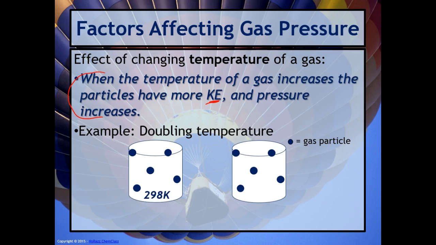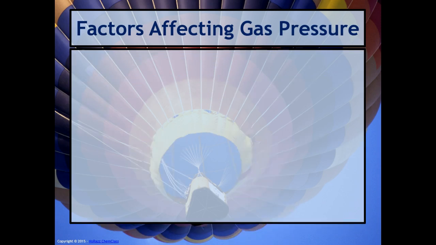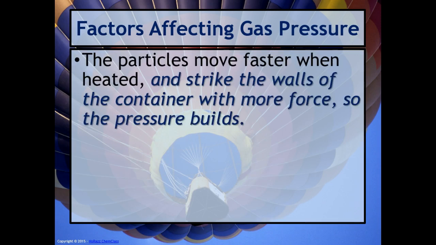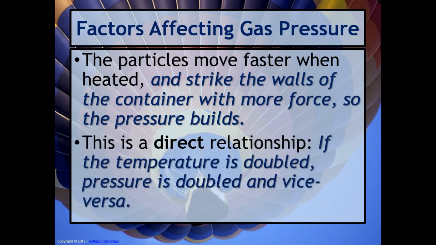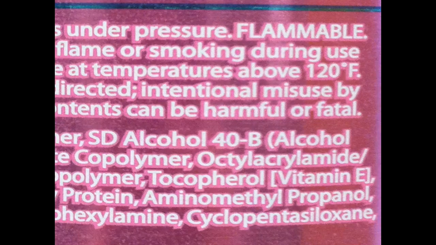They're going to collide more often. The particles move faster when heated and strike the walls of the container with more force, so the pressure builds up. This is a direct relationship. Again, as one goes up, the other goes up. If the temperature is doubled, the pressure is doubled, and vice versa.